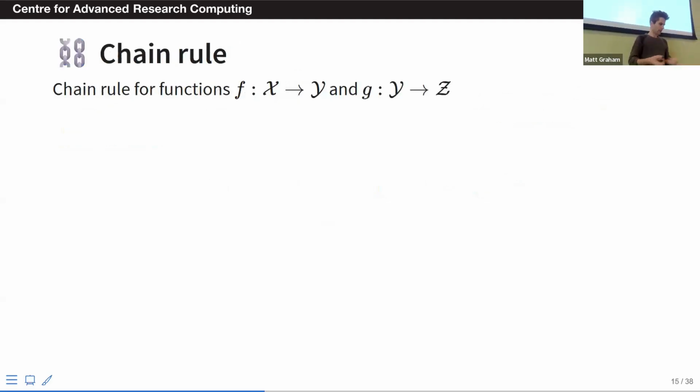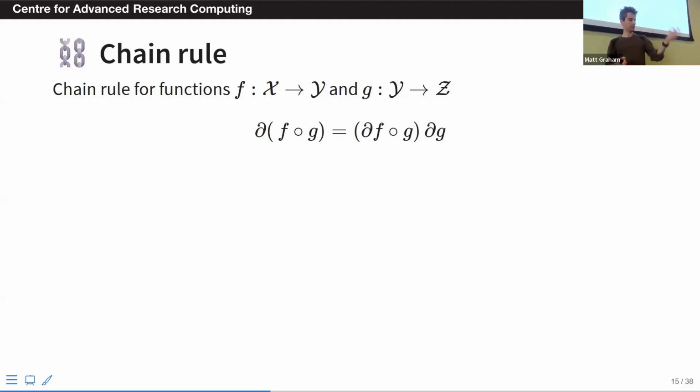So I said earlier that autodiff is basically an algorithmic implementation of the chain rule. This is just expanding what we mean by the chain rule in terms of the notation we're using. If we have two functions, f and g, then the derivative of the composition of f and g can be expressed in terms of the derivative of f composed with g, in the product of that with the derivative of g.